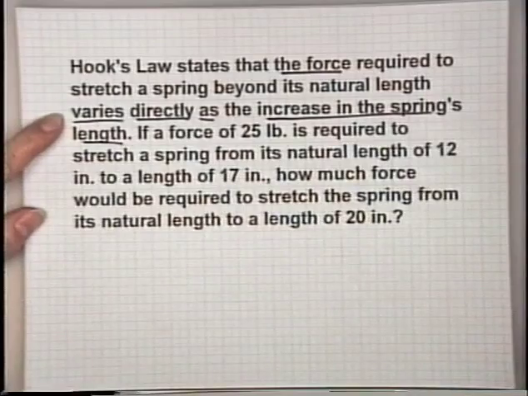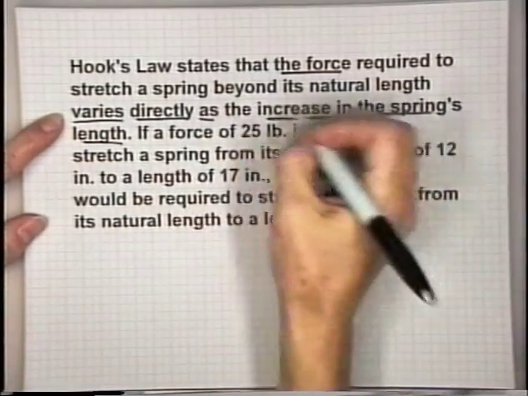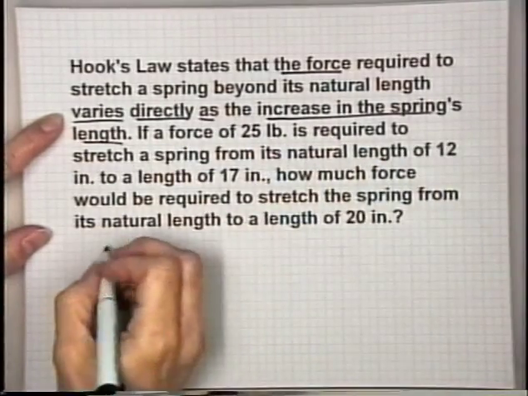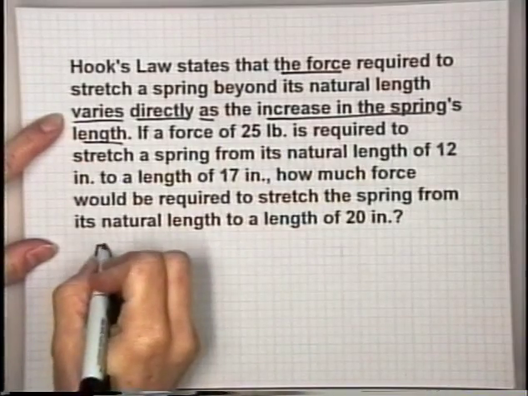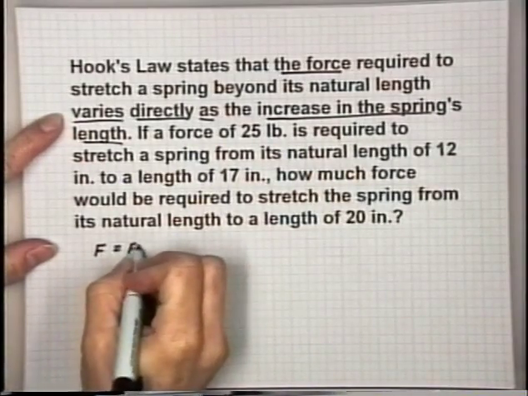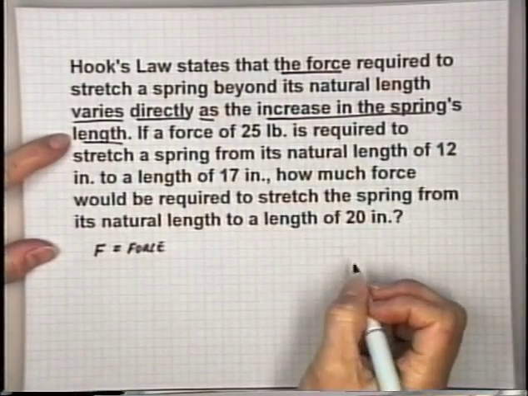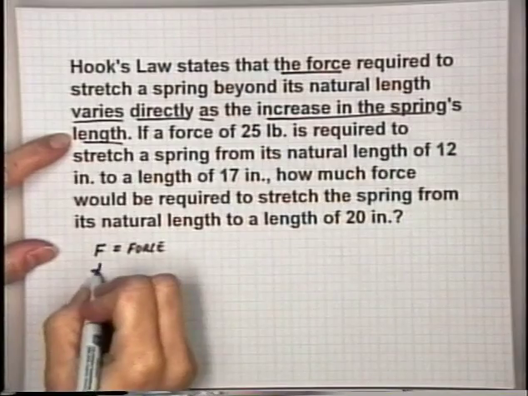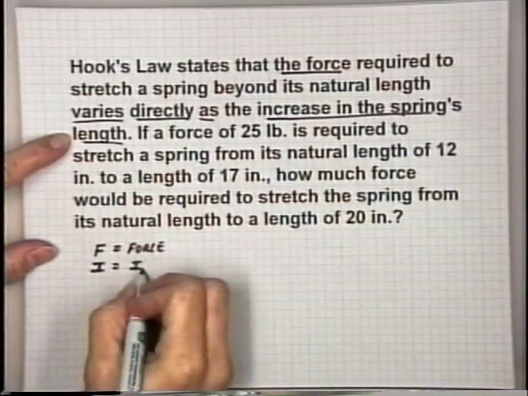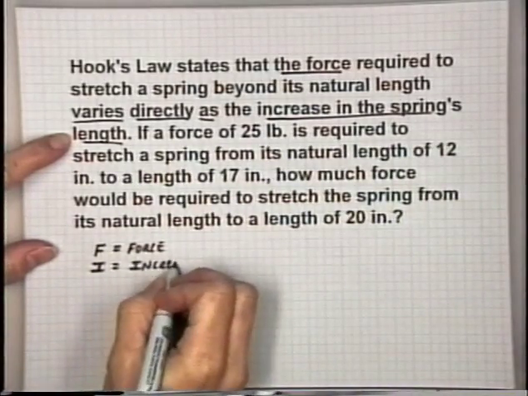So what we need to do is to choose some variables to represent these quantities. Let's let F equal the force. That way it'll be easy for us to remember what that letter stands for. And how about if we let I equal the increase in the length?